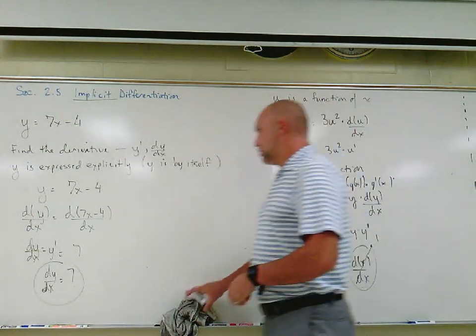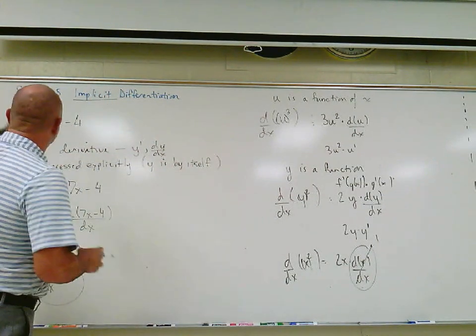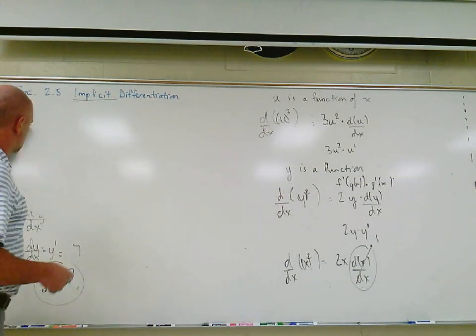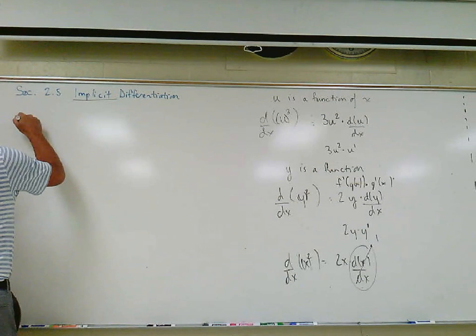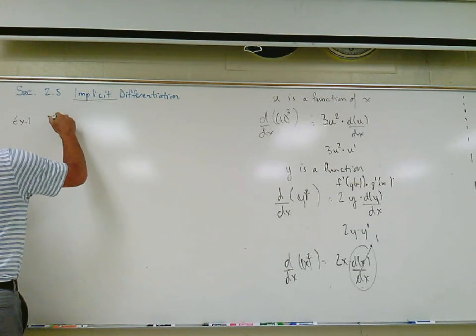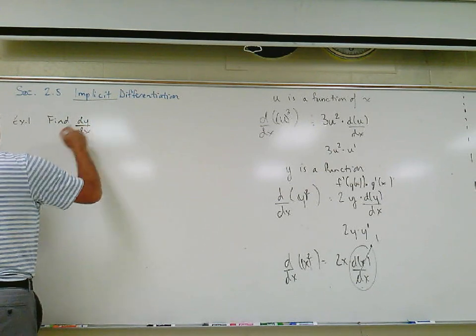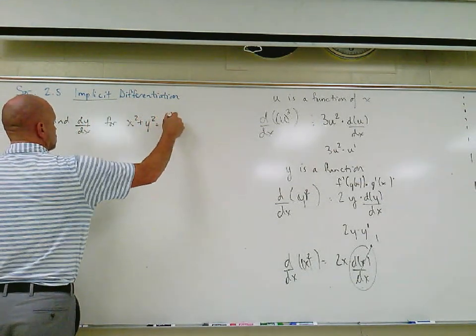So here's where we're headed. All of our problems, or the majority of our problems, y is going to be expressed implicitly. So you might have a problem like this. We'll call this example 1. Find dy over dx for x squared plus y squared equals 9.